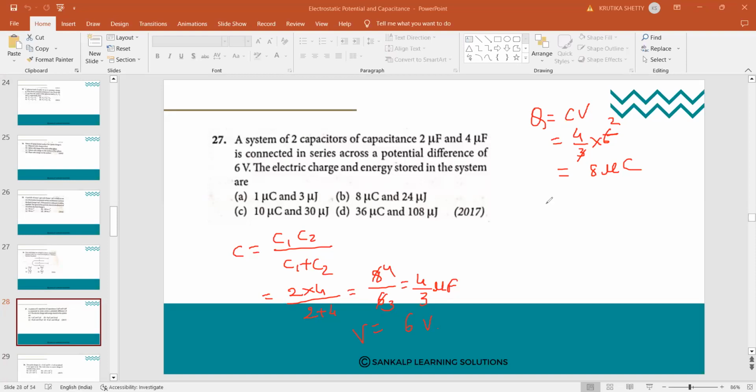Next, energy stored. The energy stored is given by 8 microcoulomb. Only one option has this, they have given only option B. The first one is A 1, C is 10, and 36. Therefore we can directly mark B. If you want confirmation, you can also calculate energy. Half C V square, where C is 4 by 3 and V is 6, so 6 square. Microjoule. So option B is correct.